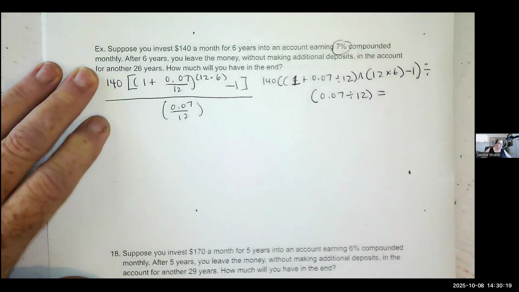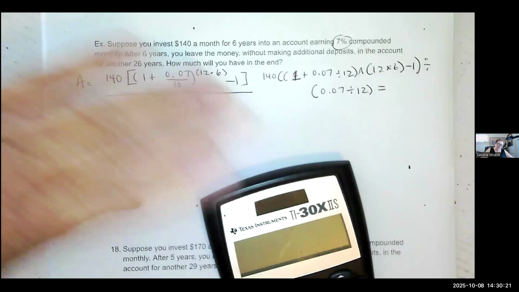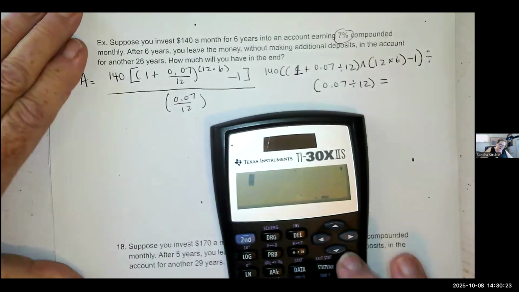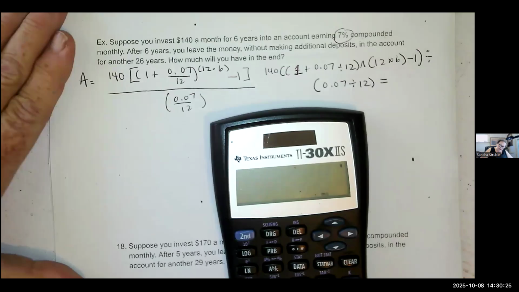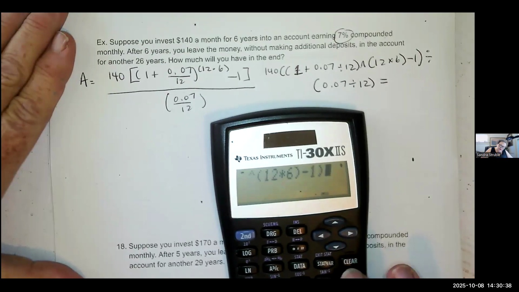All right, so let's do that. So for my ending of the 6 years, 140, open, 1 plus 0.07 divided by 12, close, caret, open, 12 times 6, close, minus 1, close, divided by open, 0.07 divided by 12, close, and equals.